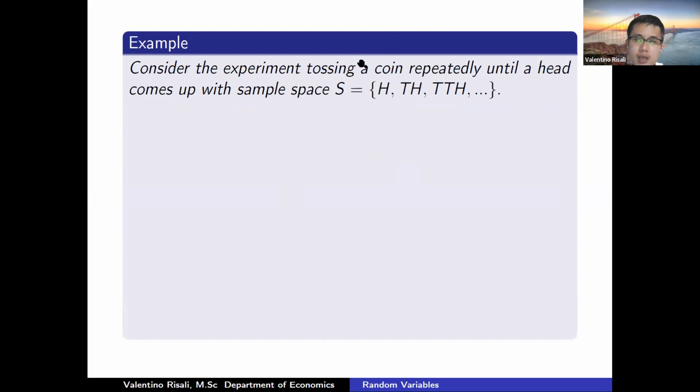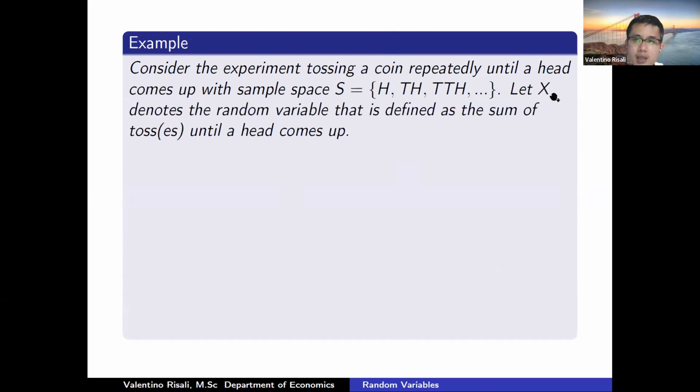After that, we define a random variable X, which denotes the number of tosses until a head comes up. How many tosses until we get a head? Okay, this is the definition of the random variable.